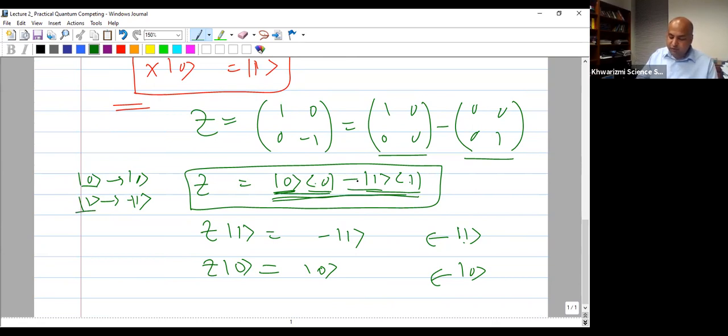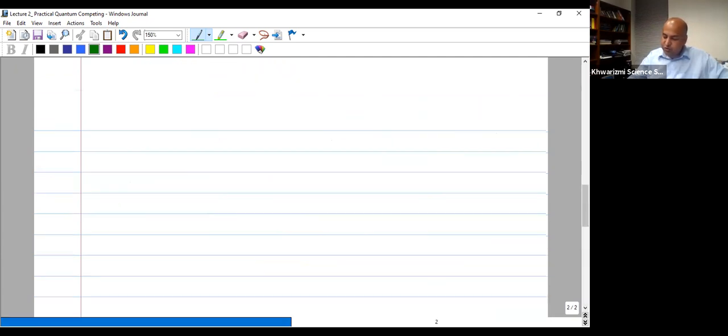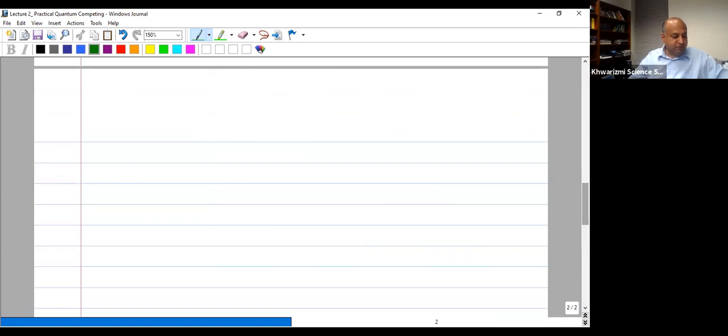But when 1 comes, 0 into 1 will be 0, so this term will have no effect, but 1 into 1 will be 1, and I will be left with minus 1. So this bracket notation has the advantage that it's very easy to visualize, so I can write the operator form directly. Okay, so any question about this bracket notation? This is actually very important, because that's what we are going to use from now on for most of the time for operators. For example, let's now talk about this very important Hadamard gate.